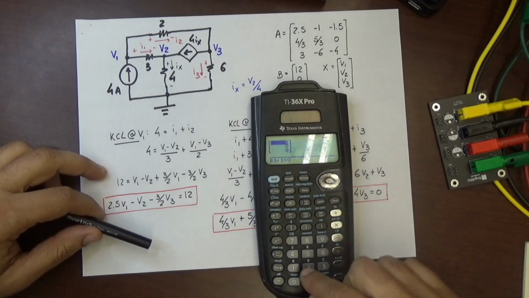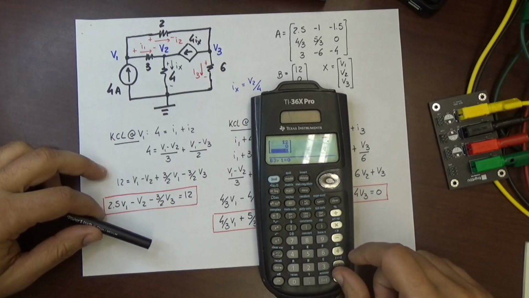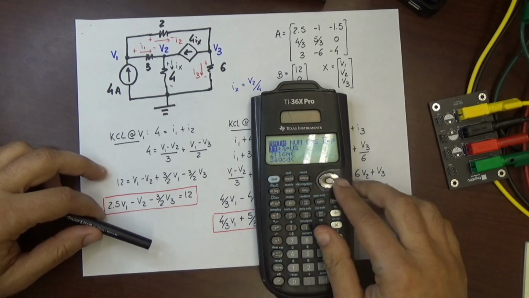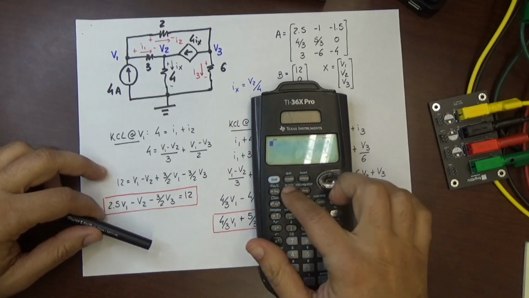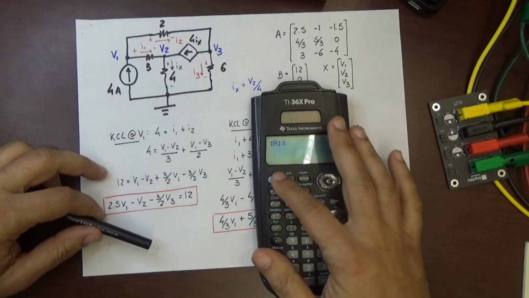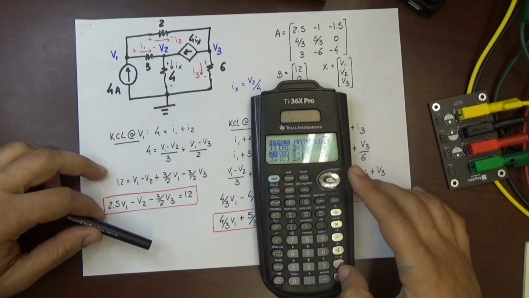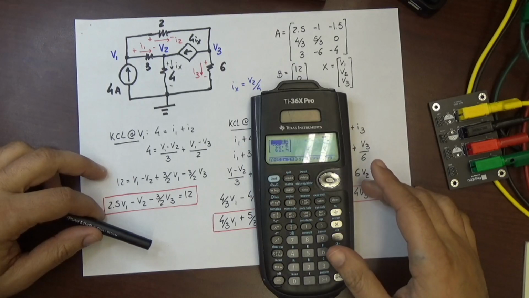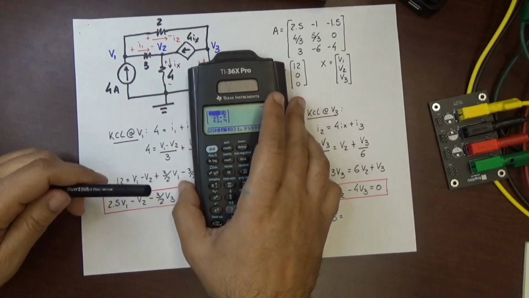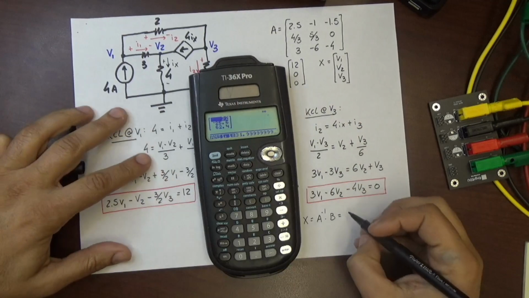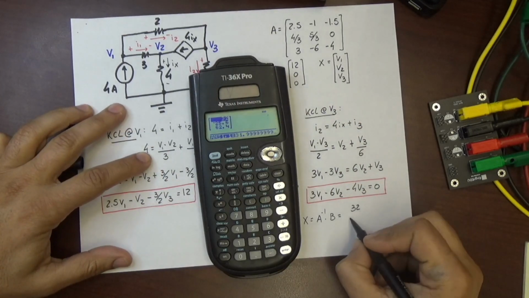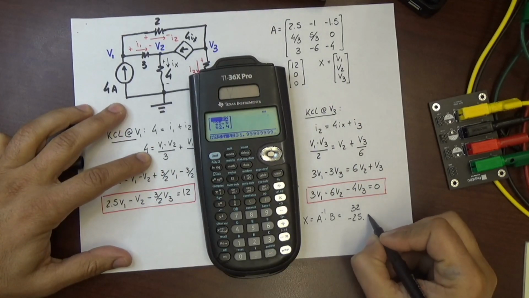All right, cool. Let's get the inverse of our matrix A multiplied by B, and you get the answer. So V1 is equal to 32 volts, V2 minus 25.6, and V3 62.4 volts.